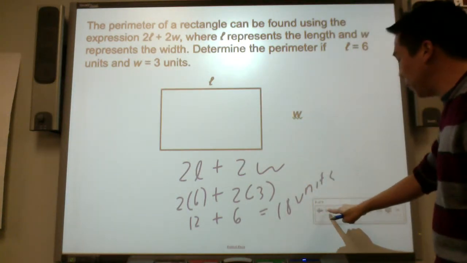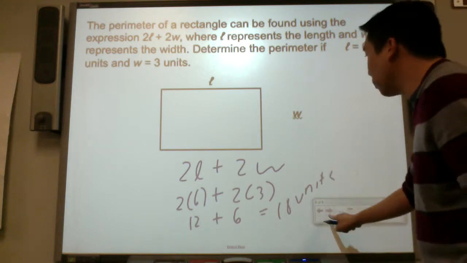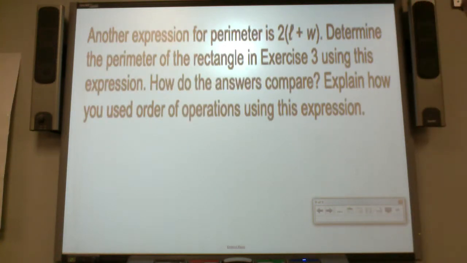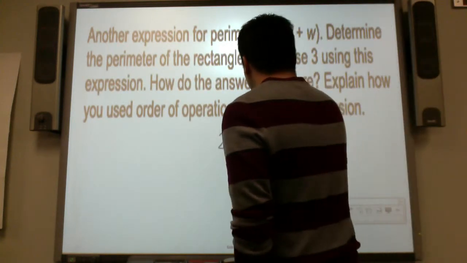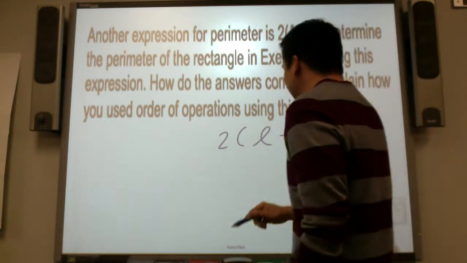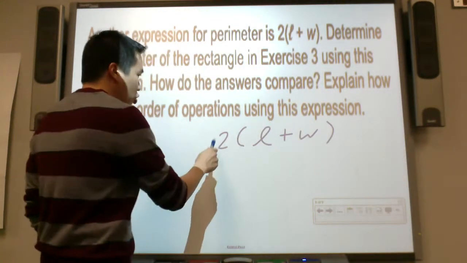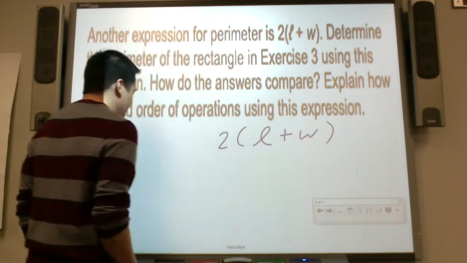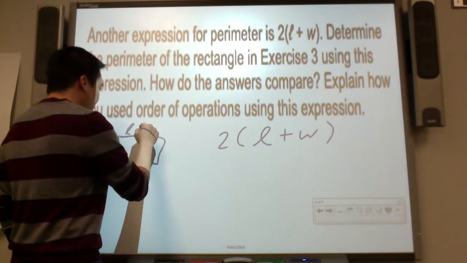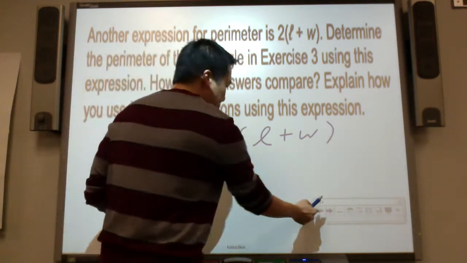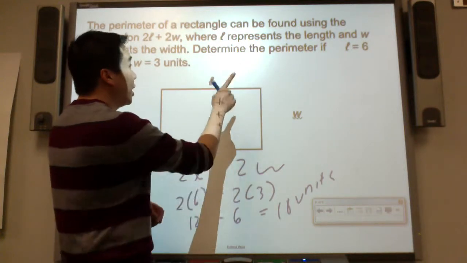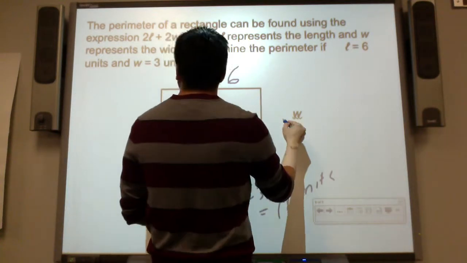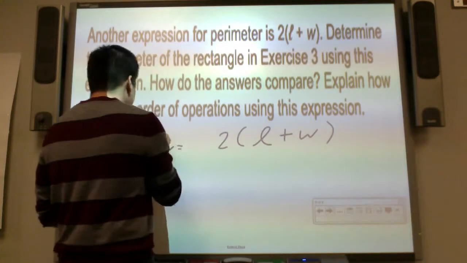Let's take this problem and make it a little harder. Did you know you can also use the expression 2 parentheses L plus W, or 2 groups of L plus W? Let's go back to the previous screen. The length was 6. The width was 3.